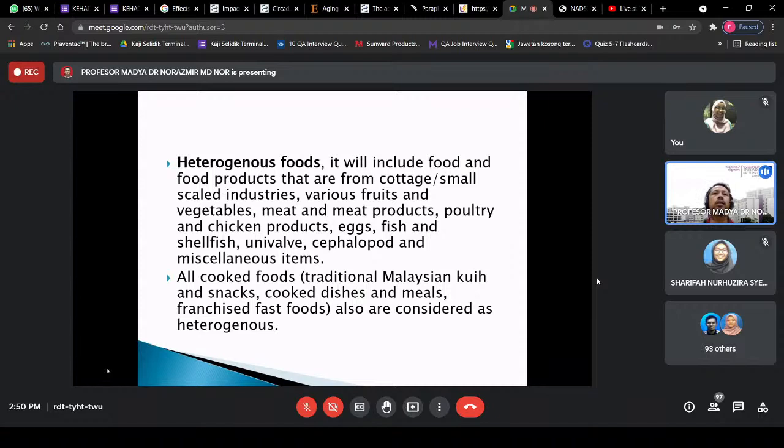So heterogeneous foods will include food and food products that are from cottage or small scale industry, whereas fruits and vegetables, meat and meat products, poultry, and so on. Okay, all cooked food like traditional Malay kuih and snacks, cooked dishes and meat are also heterogeneous because it's mixed up from different categories or types.